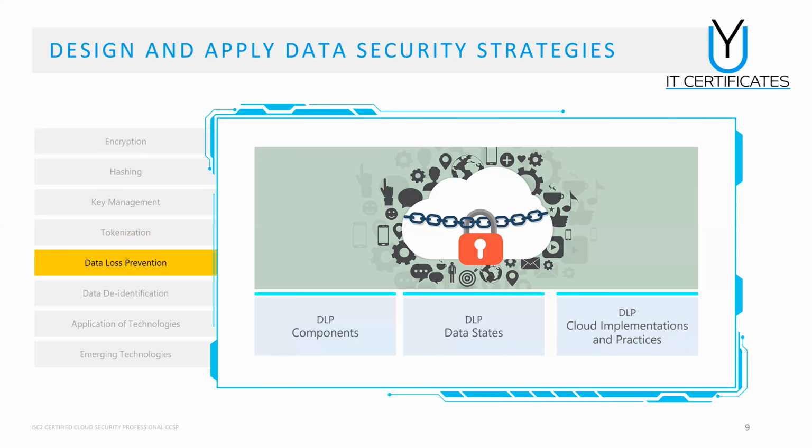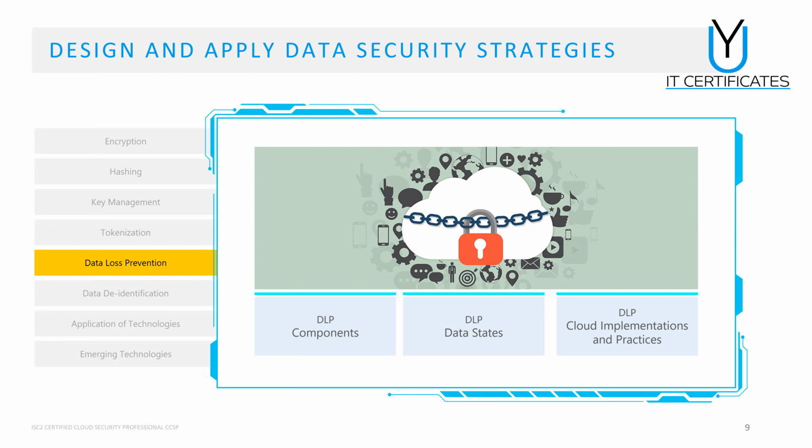For example, with a Symantec DLP solution, you will find different components. One component is for email, where it monitors emails and will not allow any external email with confidential data, or whatever rule you define.